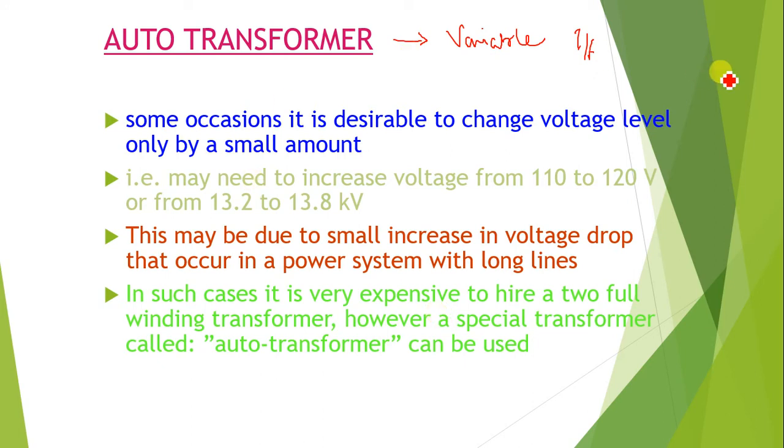We can buy only an auto transformer, which is less expensive than purchasing maybe ten different transformers. Such a special transformer, where the input voltage is fixed but the output voltage you can vary, is called an auto transformer.